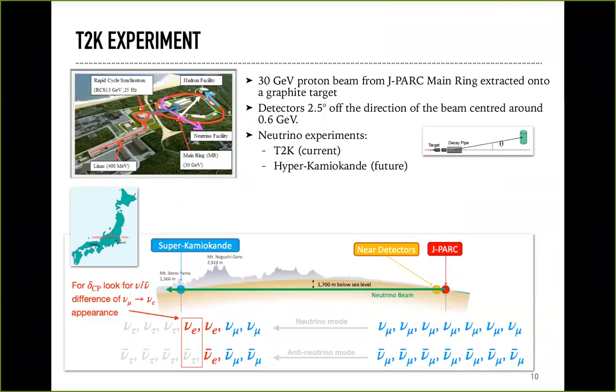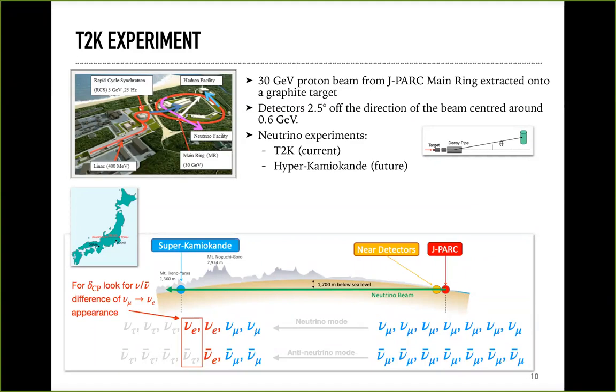So the T2K experiment is based in Japan, as you can see in this diagram. The accelerator is just north of Tokyo at Tokai, and the accelerator complex that is in the aerial picture on top provides a neutrino beam that runs from J-PARC to the other side of Japan.